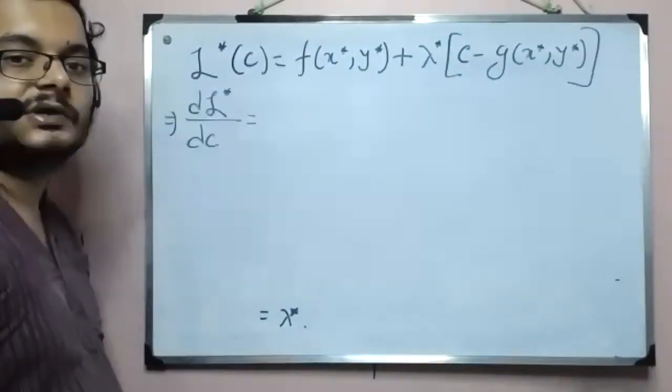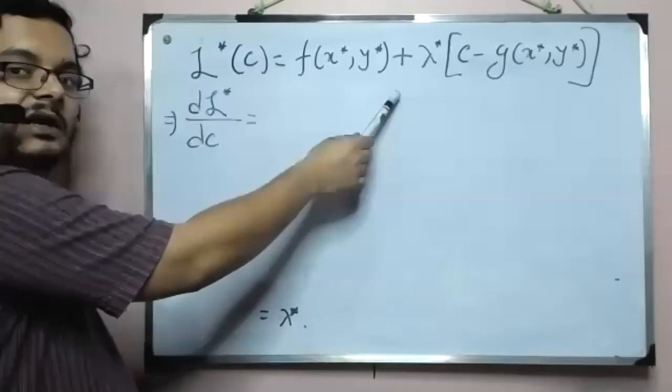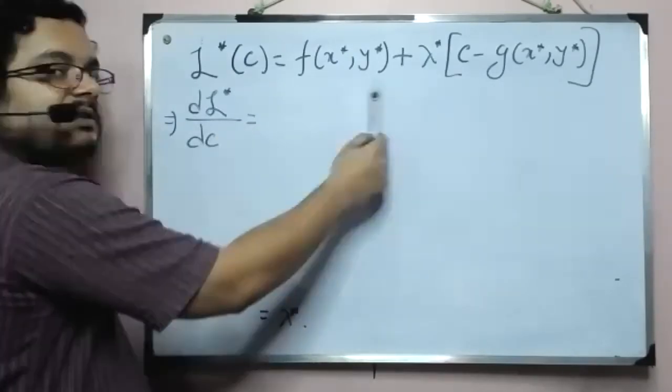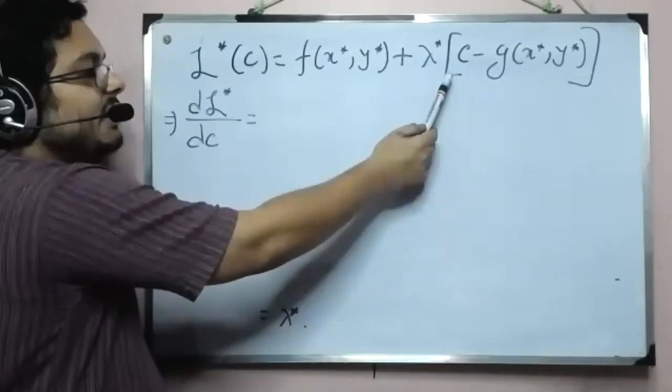This script L star of C is our Lagrangian written at the equilibrium values of x, y, and lambda.